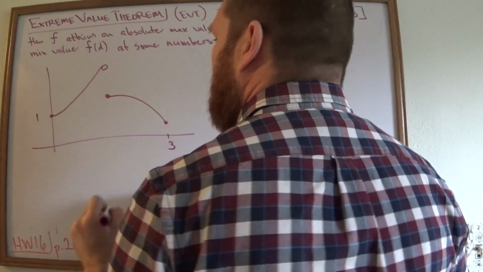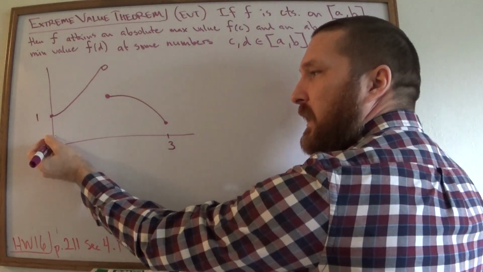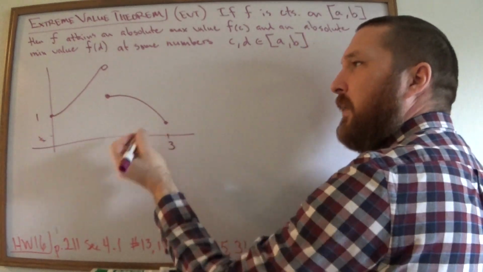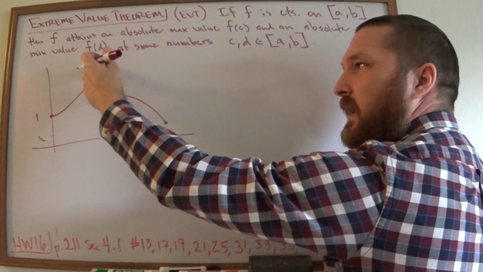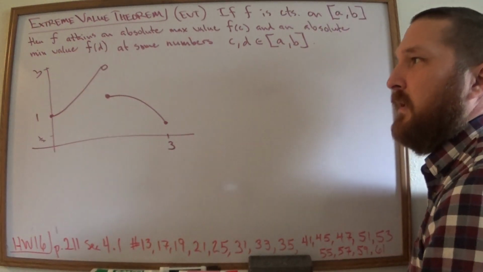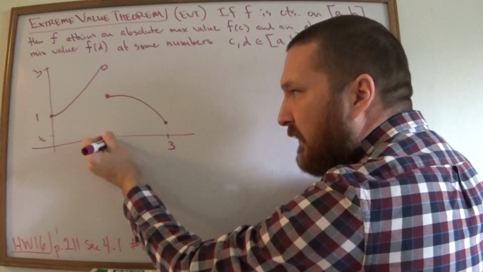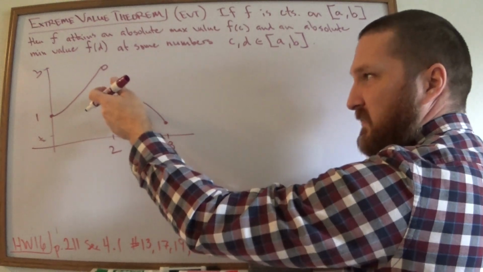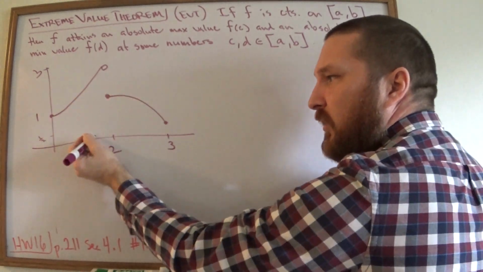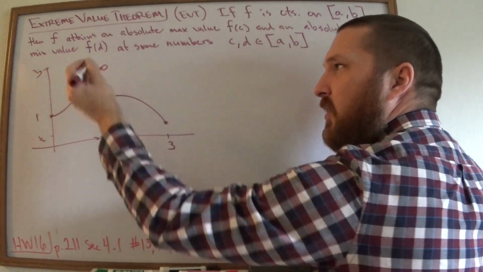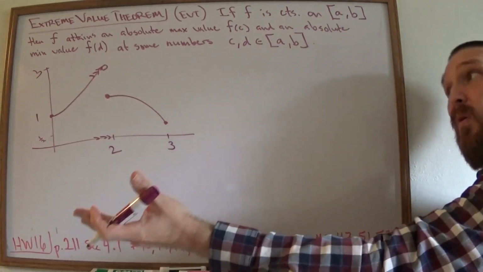And here's 3. Now, it happens to attain an absolute min, maybe it's a half. But whatever value this is, maybe it's 3, it never gets there. If this is 2 and you plug it in, well now you have this value here. You get closer and closer as you get to 2, but you never take on the value 3 because there's a hole in the graph.